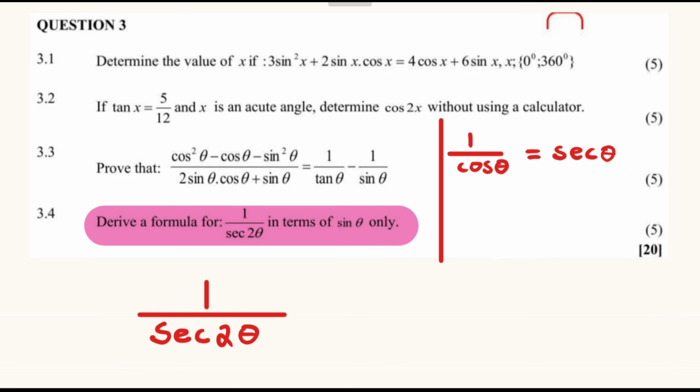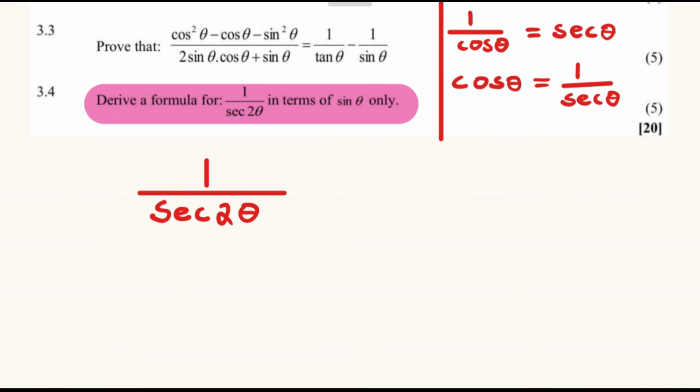So when we cross multiply, we will find that cos theta is equal 1 divided by sec theta. We don't have sec theta, we have sec 2 theta. So 1 over sec 2 theta will be equal cos 2 theta.